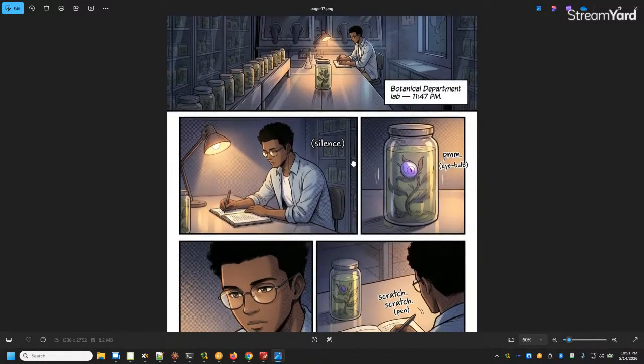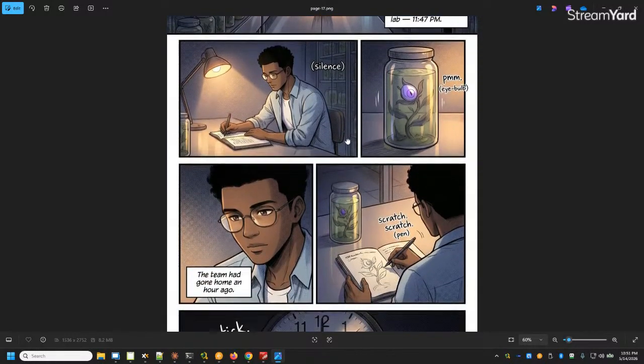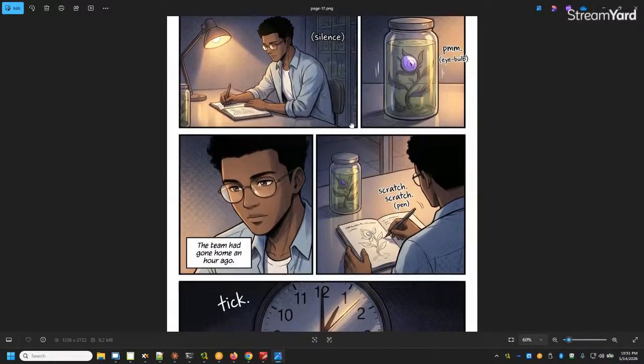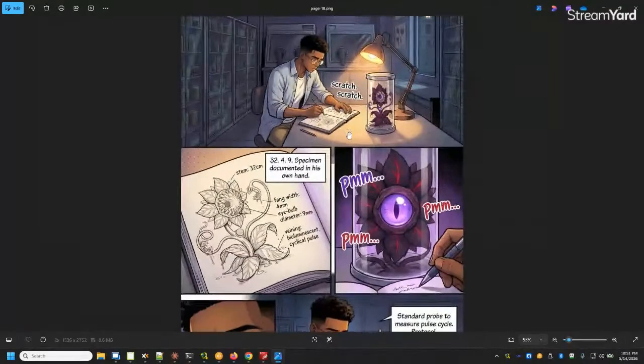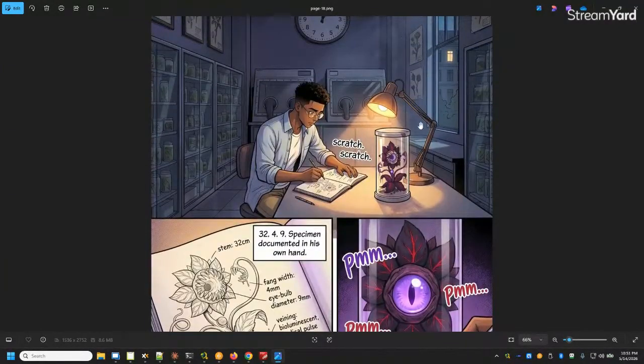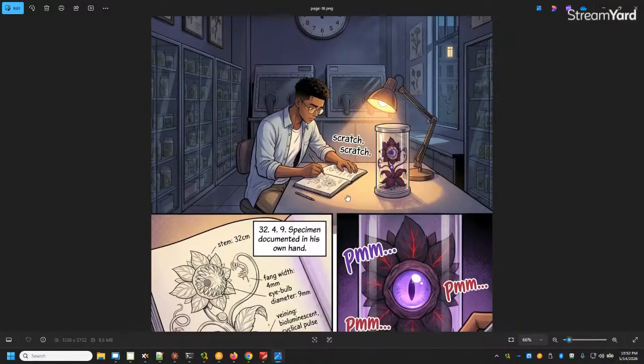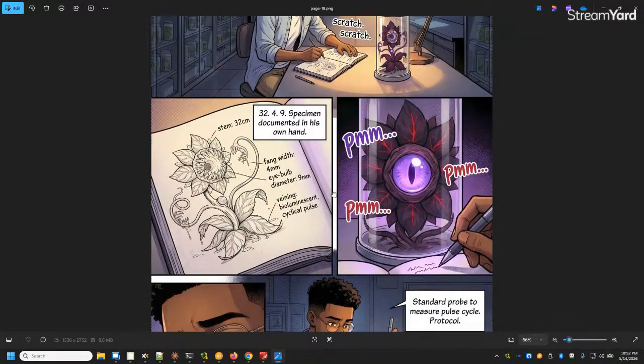Botanical department at 11:47 p.m. The vampire plant is just looking at him. Okay, and he's making his notes about the plant, and then it went back to the consistency where it was before, and now it's looking at him.